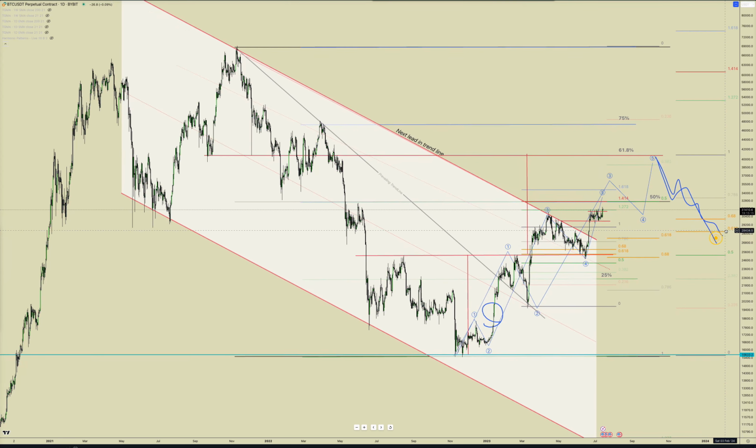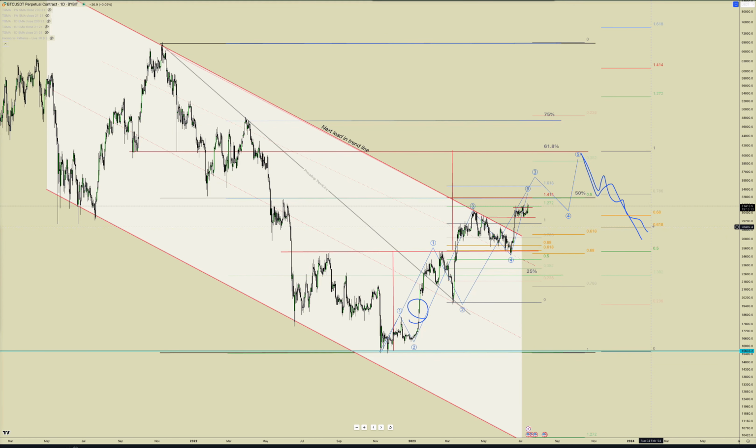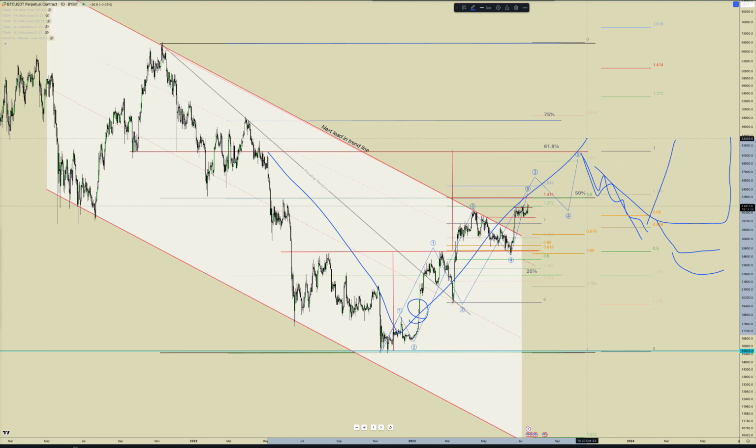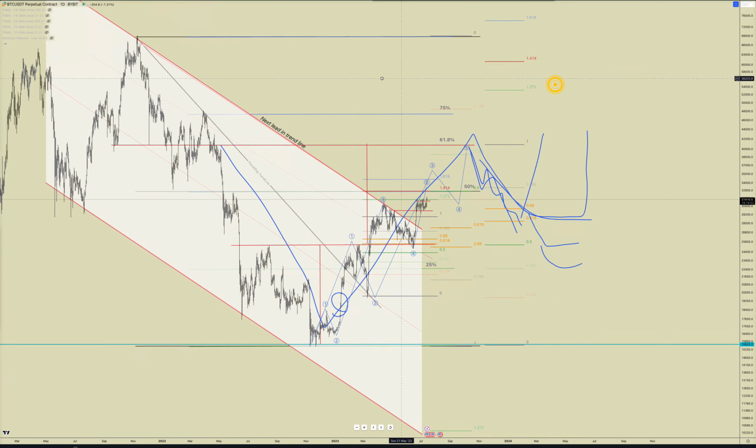Our golden ratio is here, so it could potentially pull back there or to the 0.786, but this level makes sense, and then we potentially just scoop like that and then up. Worst case scenario, we come back down deeper, and that is our long-term strategy where we start accumulating again.